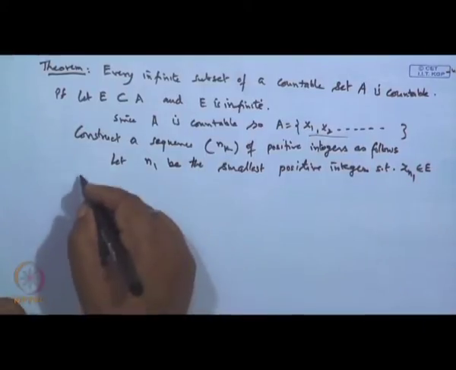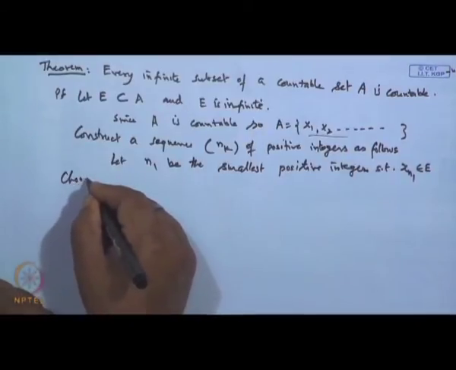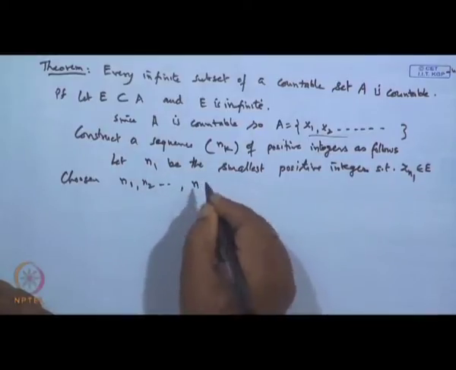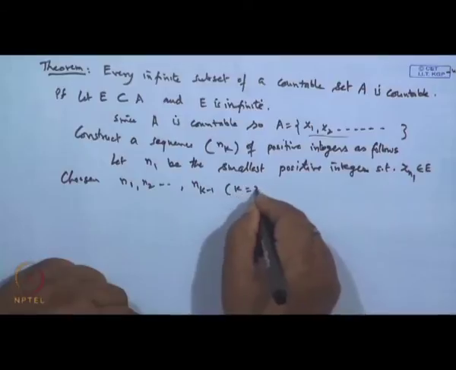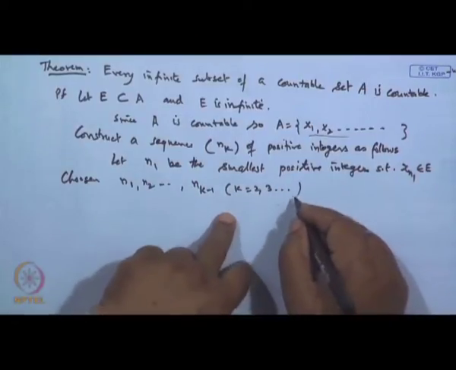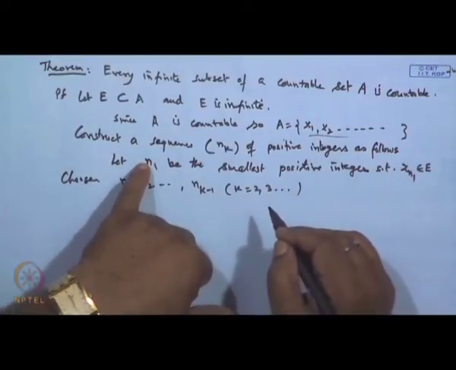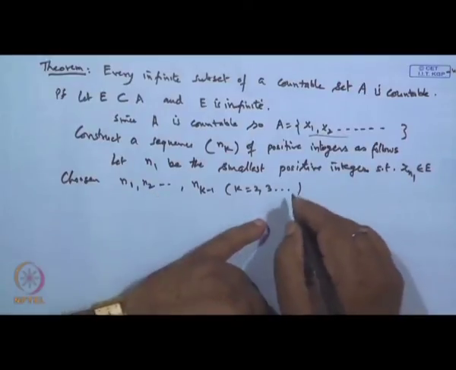Then assume that we have chosen n1, n2, up to n_{k-1}, where k is 2, 3, 4 and so on. After choosing in such a way, n2 is greater than n1 and x_{n2} belongs to E, and so on.